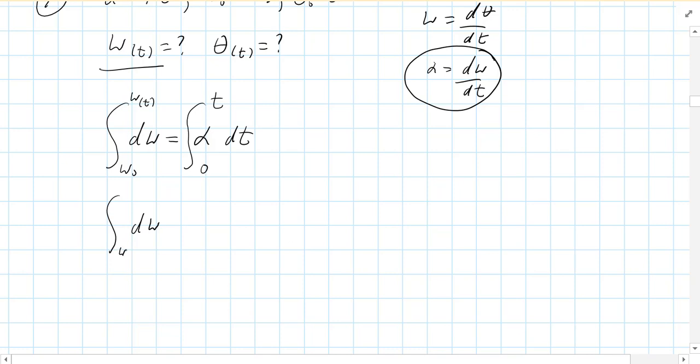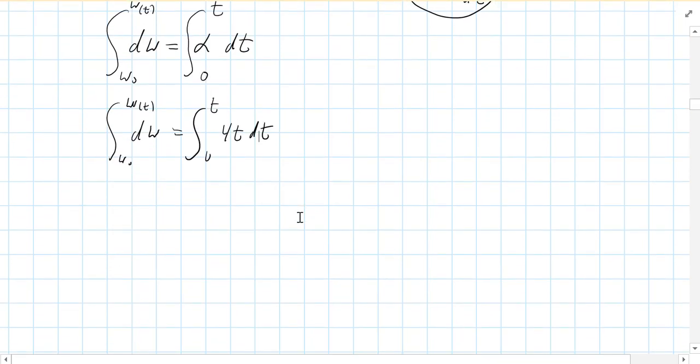So I've got the integral of d omega from omega naught to some omega at some time later equals the integral from 0 to t of alpha, which was given as 4t, dt. On the left side, if you integrate d omega, you get omega, but you have to evaluate that from omega naught to omega sometime later.